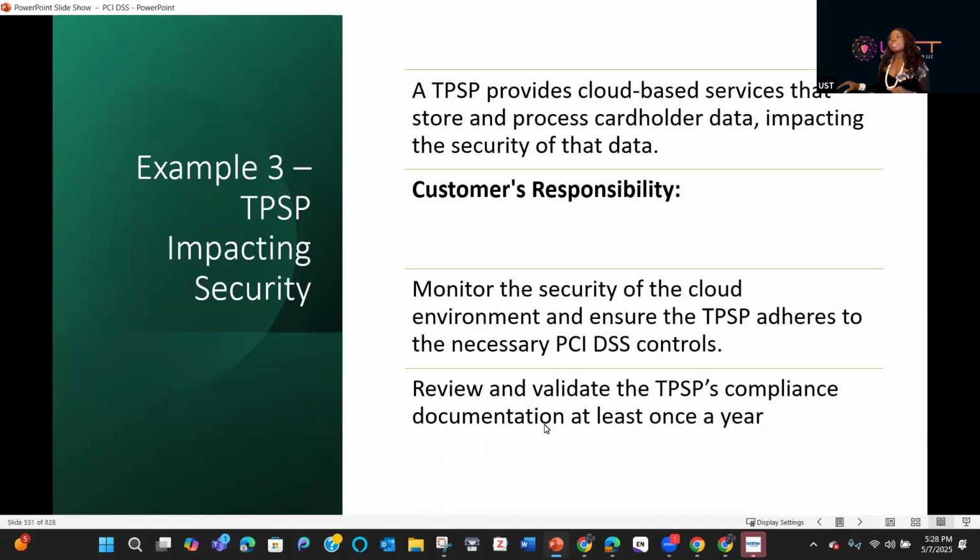Another case: they provide cloud-based services that store and process cardholder data, impacting the security of the data. Then monitor the security of the cloud environment and ensure that the third-party service provider adheres to the necessary PCI DSS controls. And also you have to review and validate the third-party service provider's compliance documentation at least once a year.